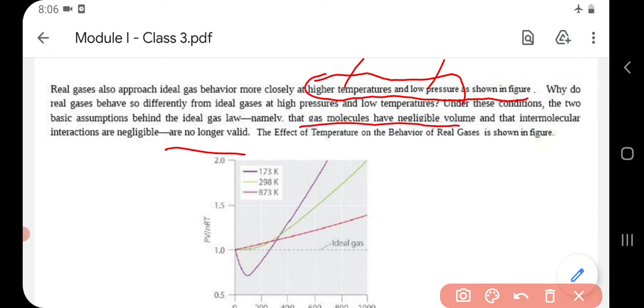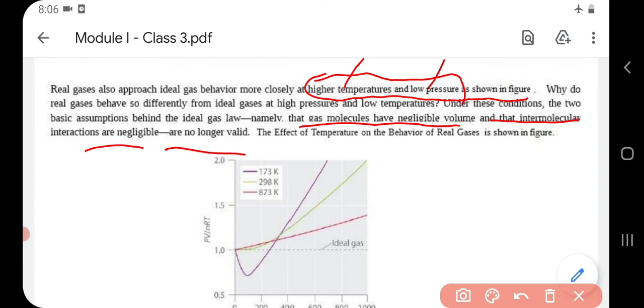Gas molecules have negligible volume, and the intermolecular interactions are negligible. These two assumptions become invalid at high pressure and low temperature. That is why the real gas deviates from ideal gas behavior. So a real gas behaves like an ideal gas only at high temperature and low pressure.